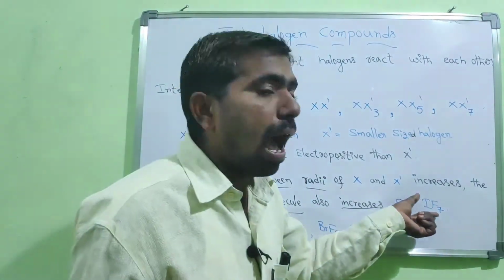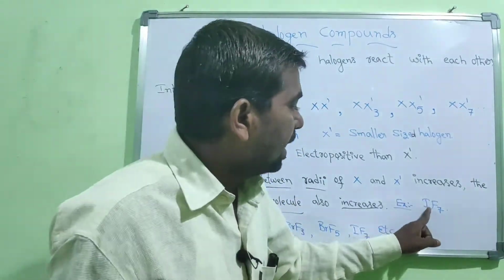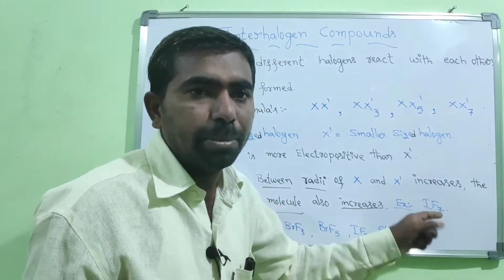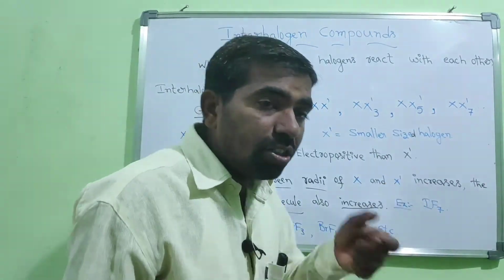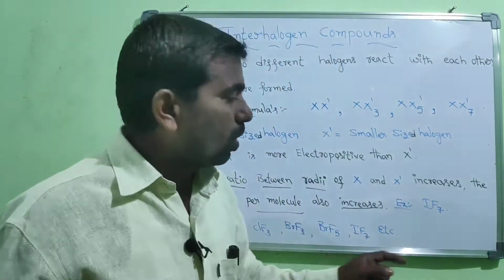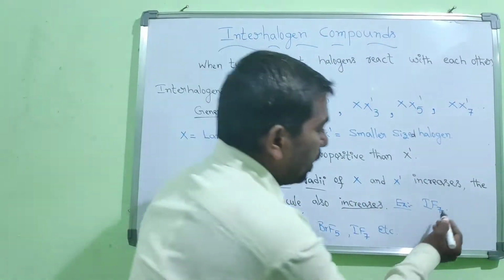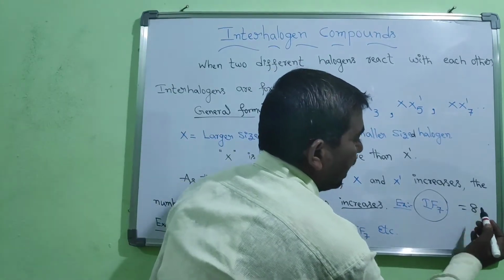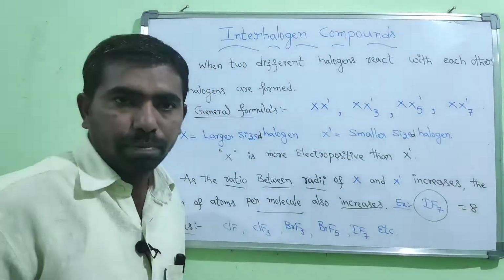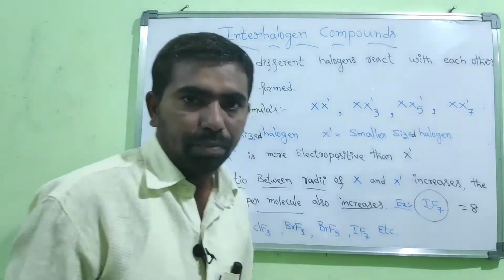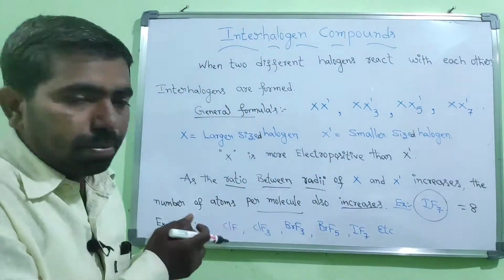For example, IF7: here X is I, X' is F, that means fluorine. There is a large variation in the radius of iodine and fluorine. So that's why the total number of atoms here, 8 atoms, are there per molecule. So more atoms exist per molecule. That is about this statement.